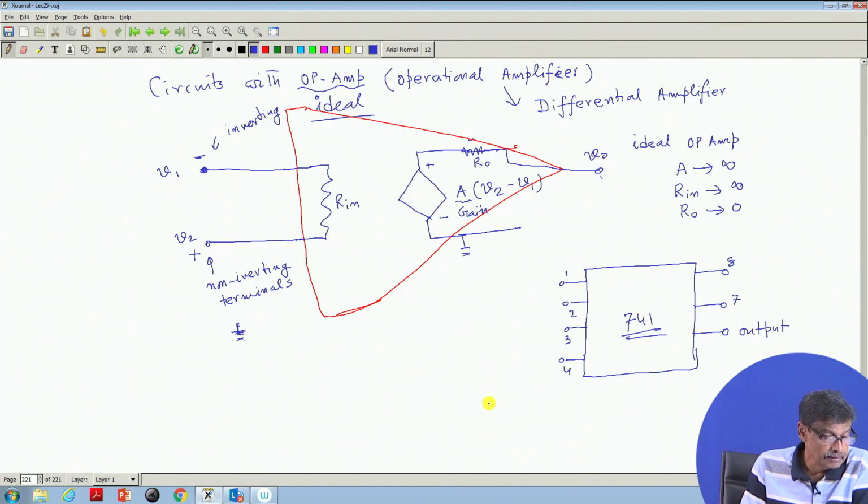Okay. And this pin, pin number 3, is the non-inverting terminal, and 2 is the inverting terminal.